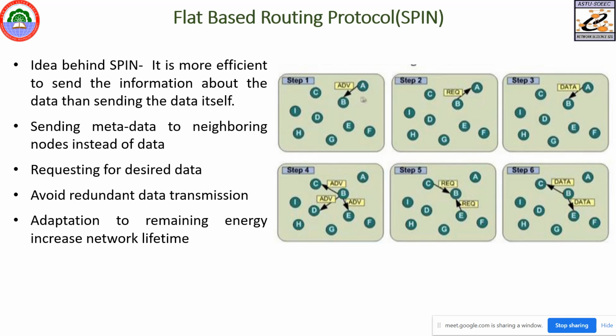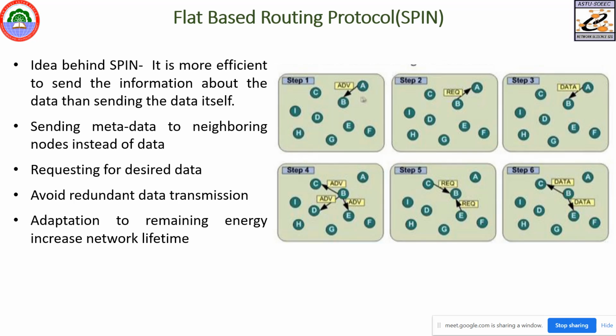So in the case of the SPIN protocol, Sensor Protocols for Information via Negotiation, we have a set of different nodes, as we can see from this slide. We have different nodes A, B, C, D up to H. In this particular example, let us assume A is the source node.